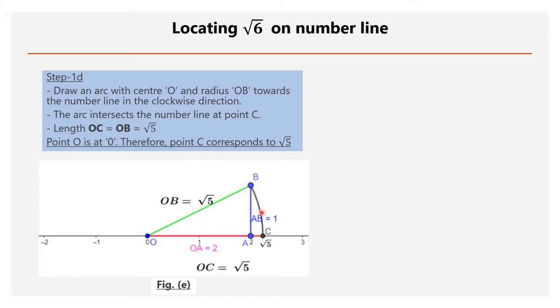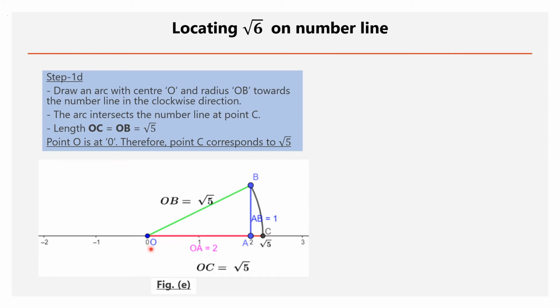We draw an arc with the center at O and radius OB. The arc is drawn in clockwise direction, intersecting the number line at point C. Length OC is equal to length OB. Why? Because OC and OB are the radii of the same arc.